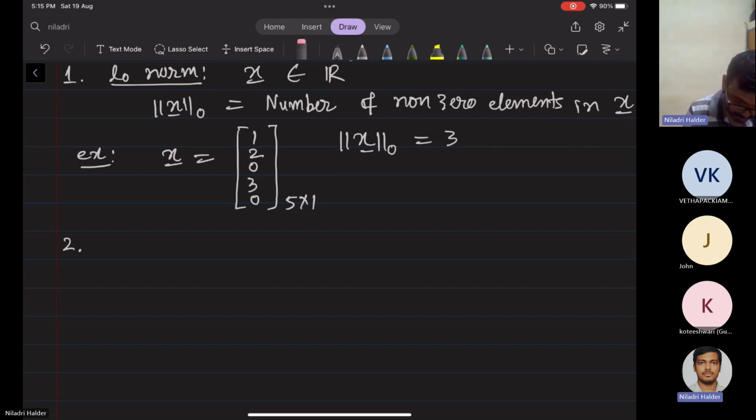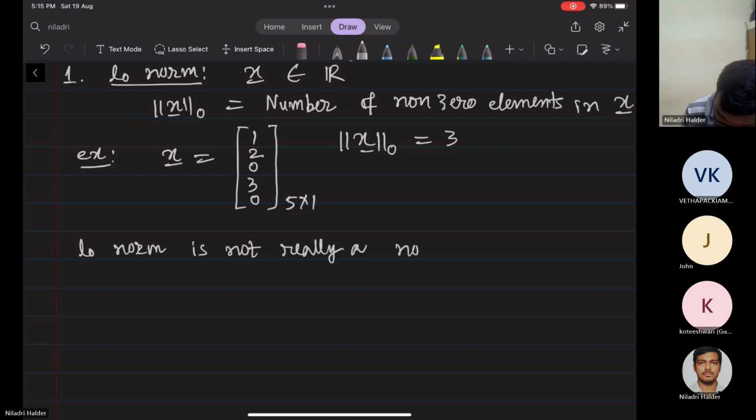One more question is: is the L0 norm really a norm? The answer is no. The L0 norm is not really a norm. Why? To satisfy a function to be a norm, we have three conditions, which I mentioned in the first class.